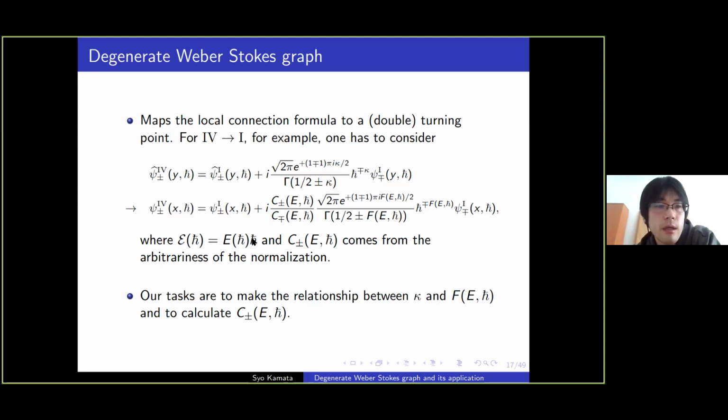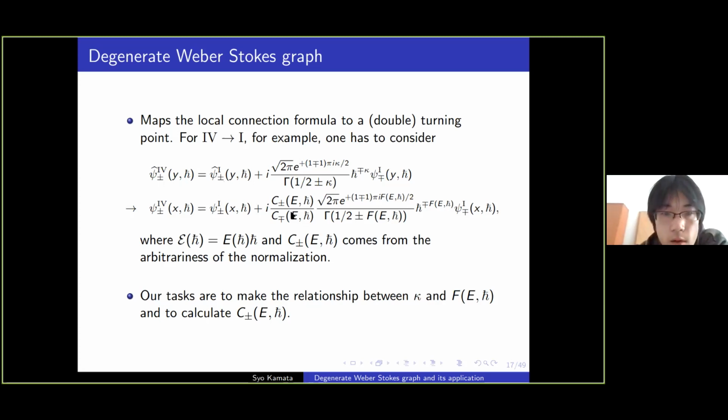Then we would like to map this connection formula to our potential, our case. For example, if you consider 4 to 1, we put this kind of ansatz. Here x is the global coordinate, with the global wave function and global potential, and here it is the local potential.